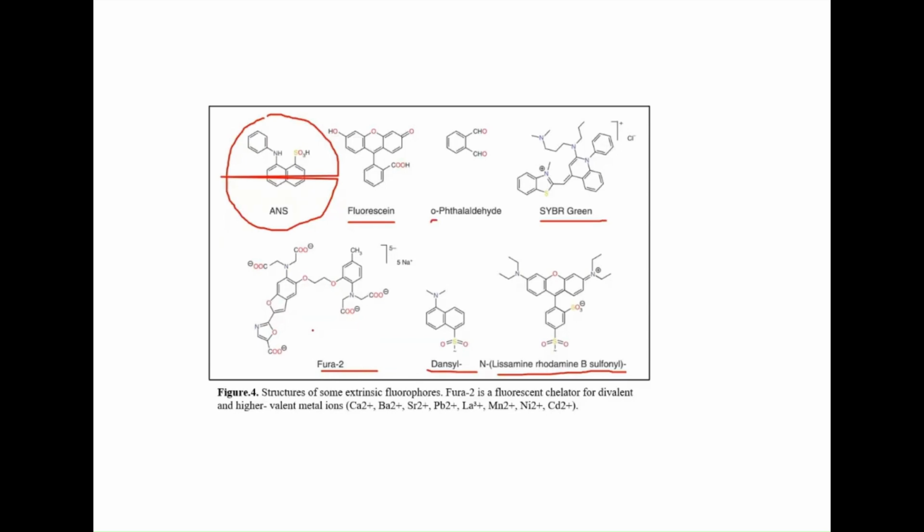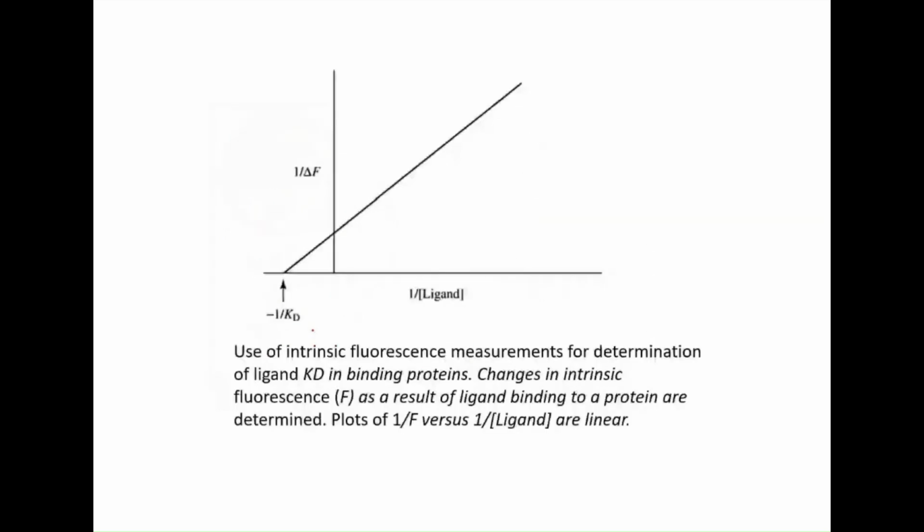If you add these extrinsic fluorophores to a non-fluorescent molecule, you can easily study the structural changes of those biomolecules also. These are commercially available, but widely used in protein chemistry.